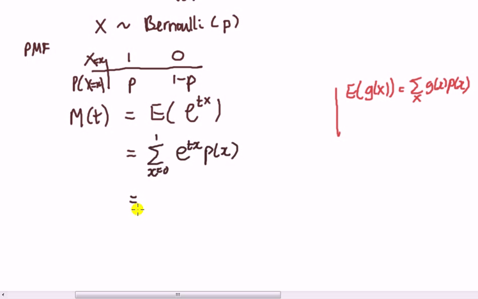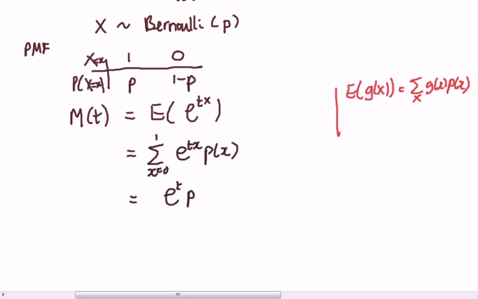So let's put in the values. If we look at the first one, what this says is e to the t, and x is 1, so just leave that, times the associated probability that x is 1, which is p. Okay, that's the first term dealt with.